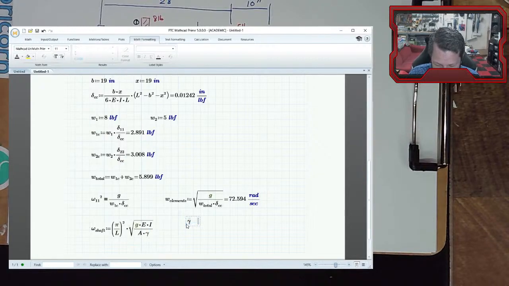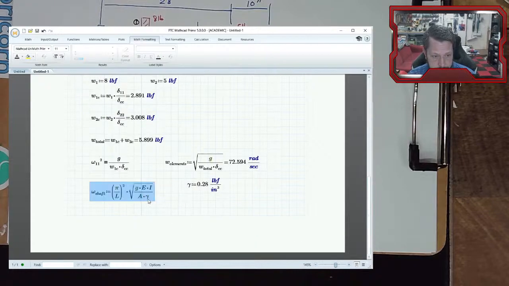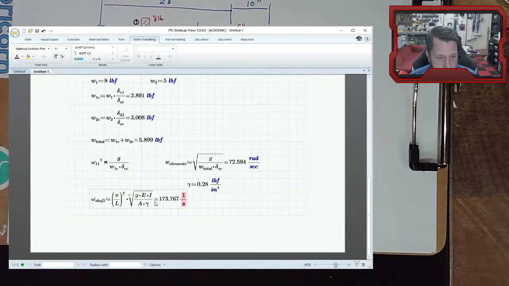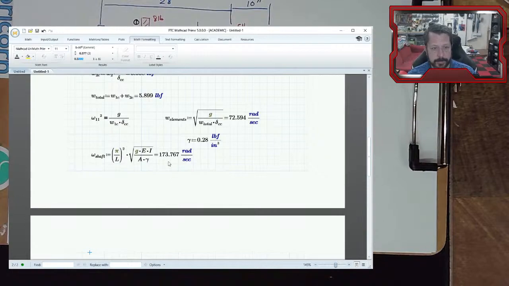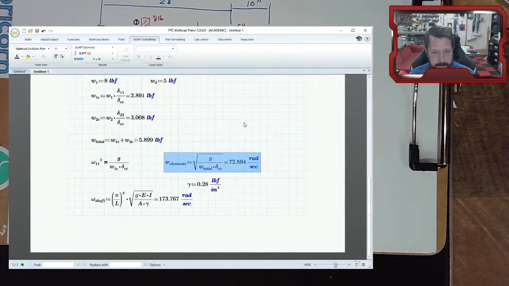Gamma is 0.28 pounds per inch cubed. So this number, hopefully in radians per second, is 173.